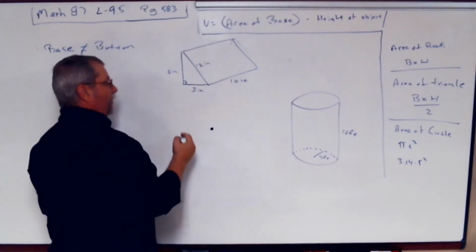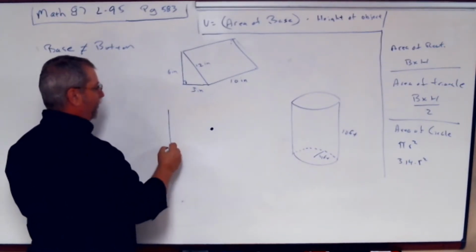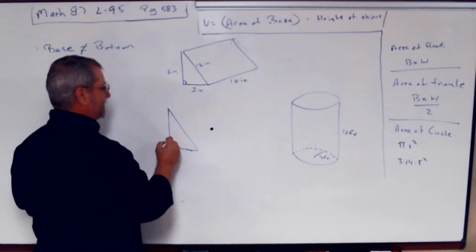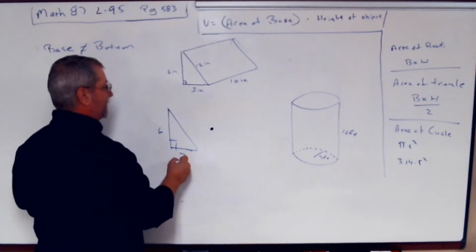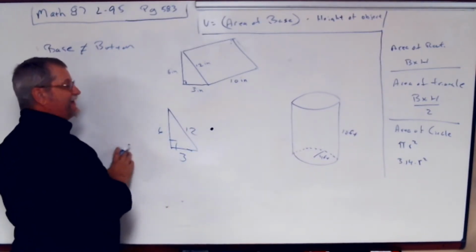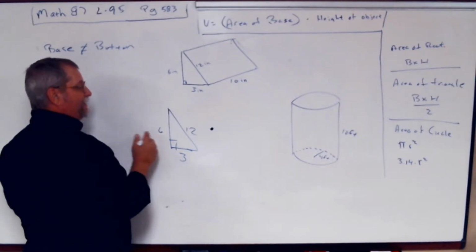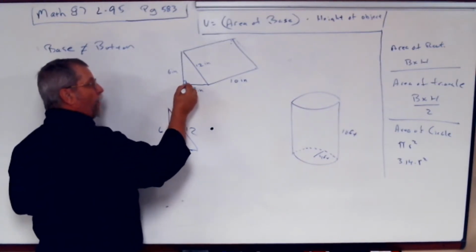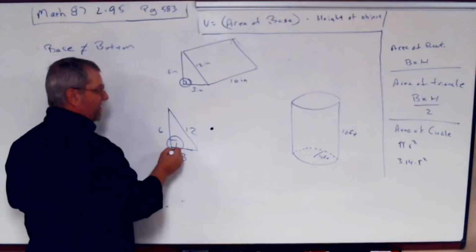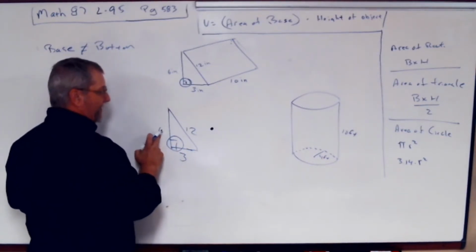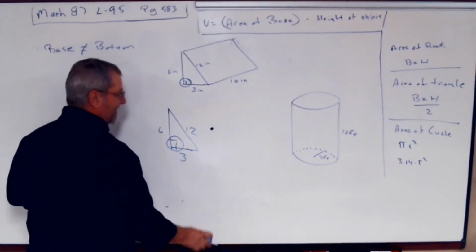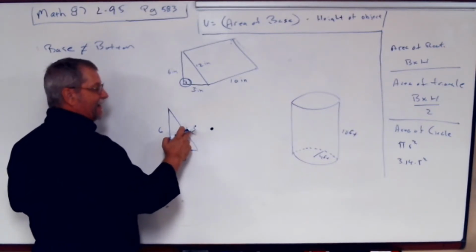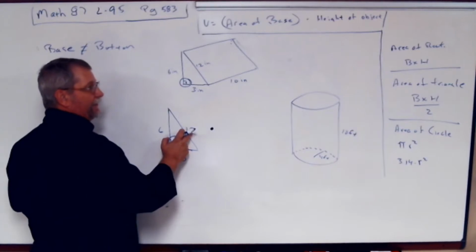On this triangle, if you pull this off, it looks like this. This is 6, 3, and 12. What's the base and height of this thing? Base and height are always around the right angle. This number has nothing to do with the problem at all.